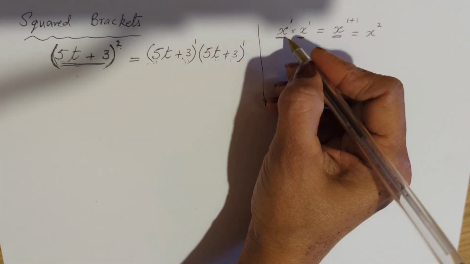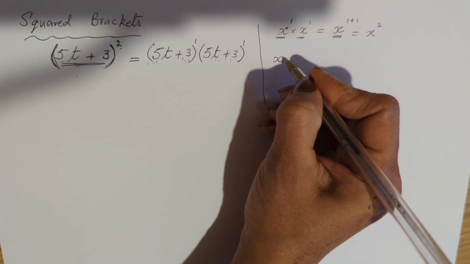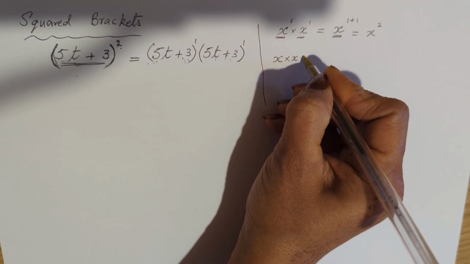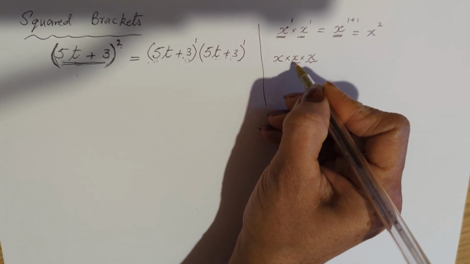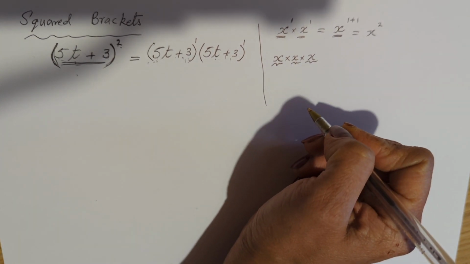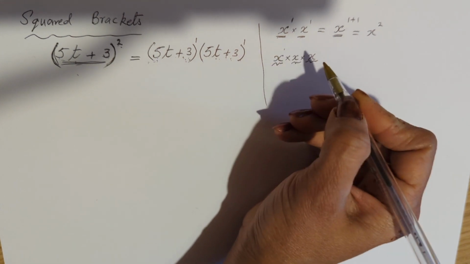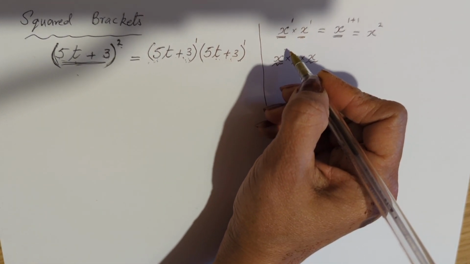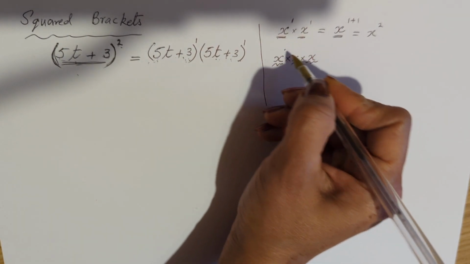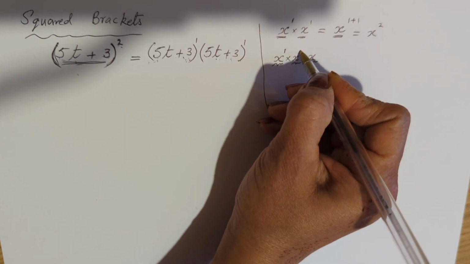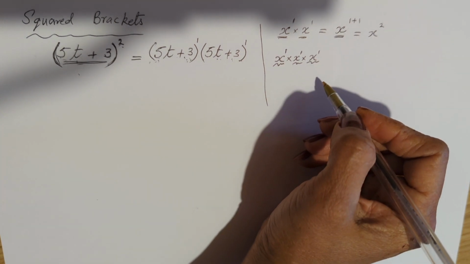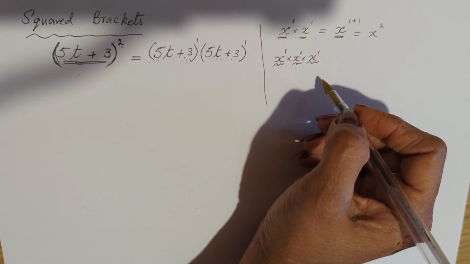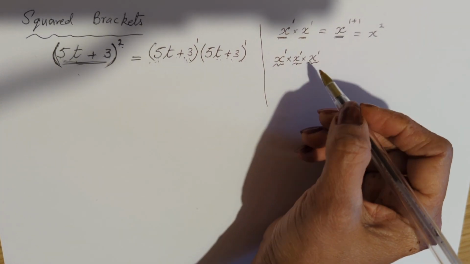Do you get it? Or if we have x multiplied by x multiplied by x, the base is the same, and if no power is written, then we will consider it automatically as 1 power, right? You have to keep it in mind. If there is no power, no index, then the index will be 1.